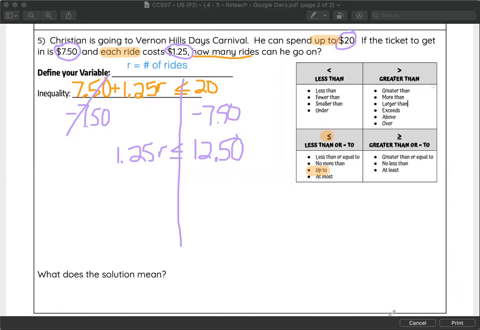Last step, R is being multiplied by 1.25. So the opposite is to divide by 1.25. On the left side, they cancel out. We get R is less than or equal to 12.50 divided by 1.25 gives us 10.